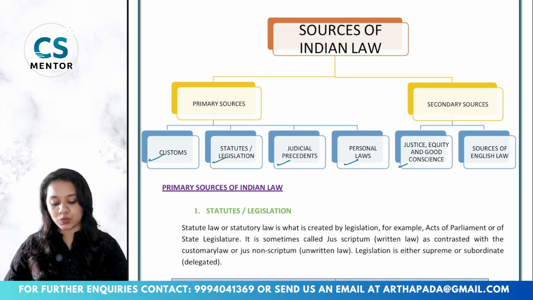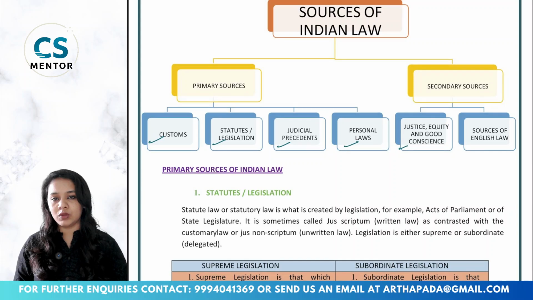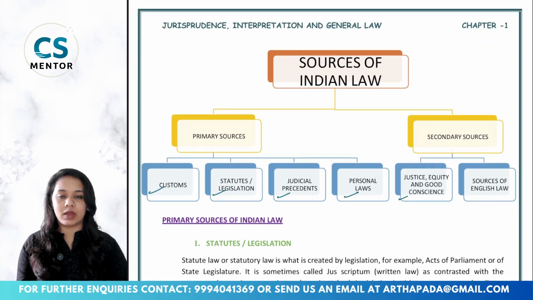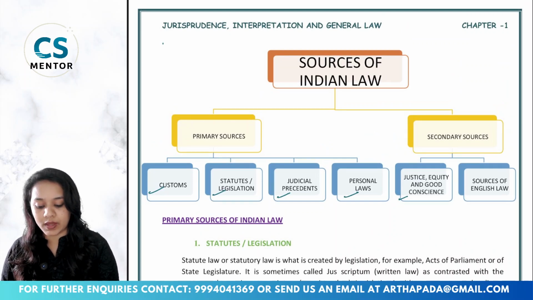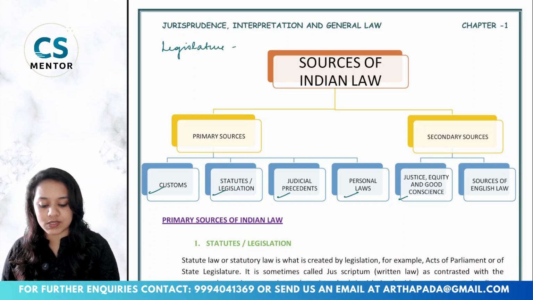All right. So, what are the primary sources of Indian law? Before we start into this topic, we need to quickly do a recap as to what the different organs of state are. We have the legislature. The purpose of the legislature is to make law. Then we have the judiciary.